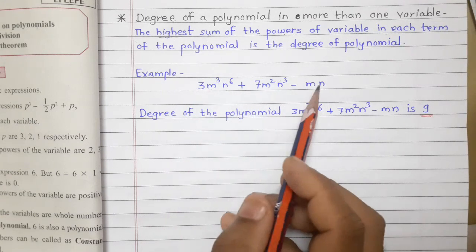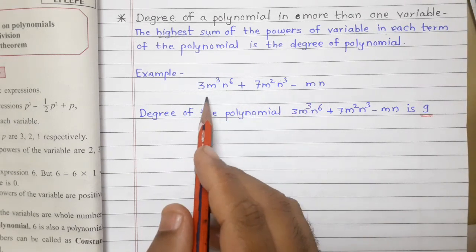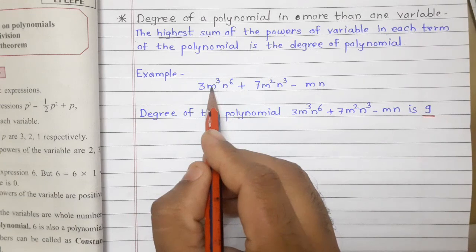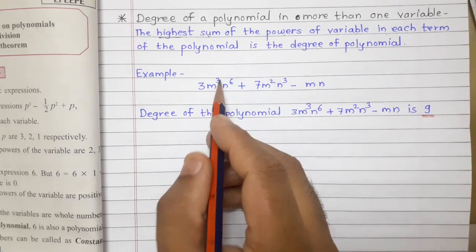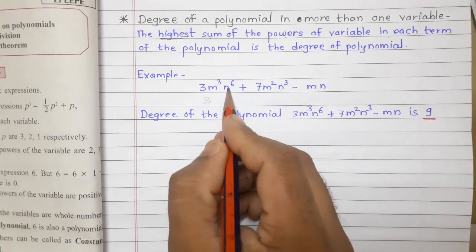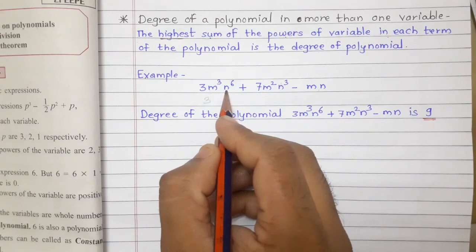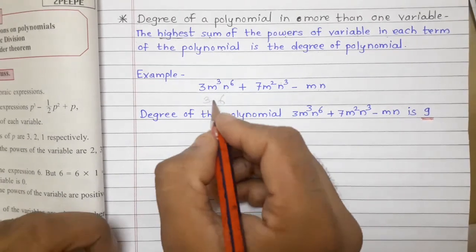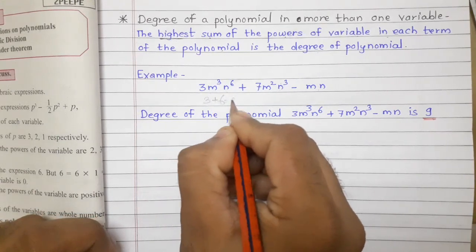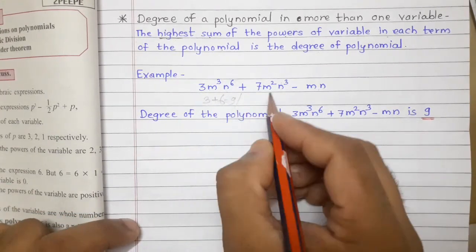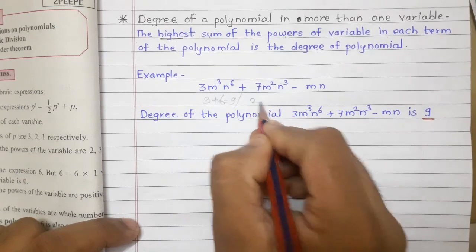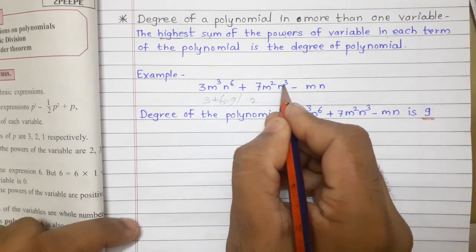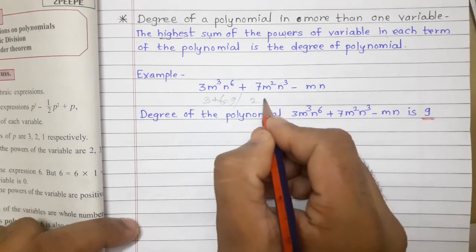Here two variables are there, m and n. First of all, write down the power of m, 3, and the power of n, that is 6. Then 3 plus 6 is 9. In the second term, the first variable is m and the power of m is 2, and the second variable is n and the power of n is 3.